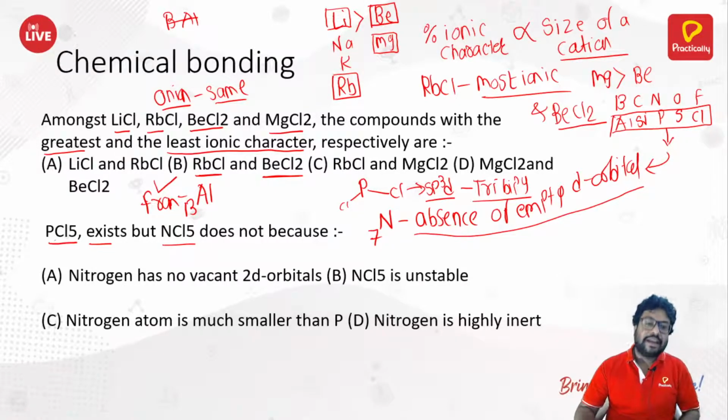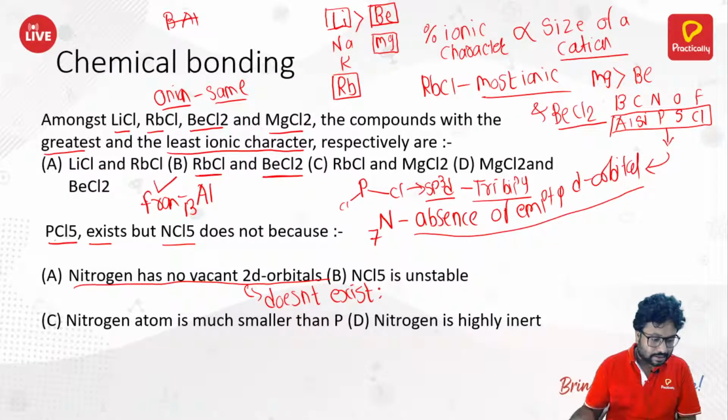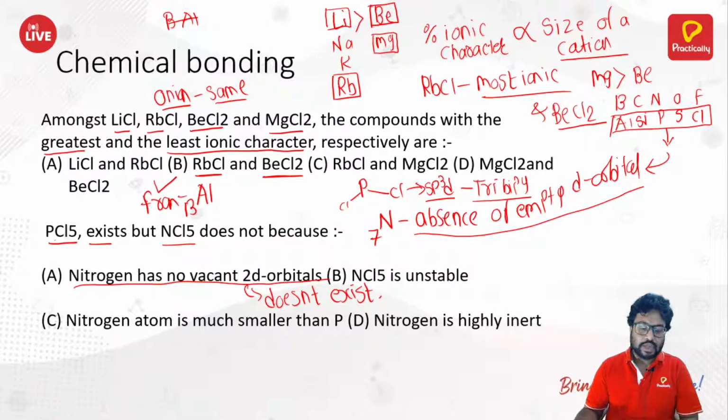So that is the reason NCl5 does not exist, because nitrogen has no vacant d orbital. Now 2d as such doesn't exist, by the way. It is always 3d. I hope you have got this, you must have enjoyed it.